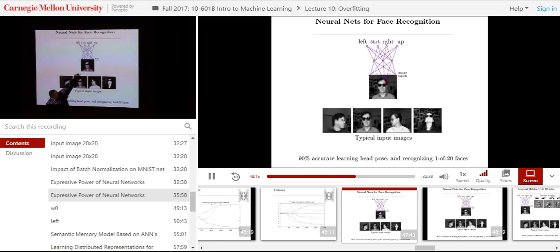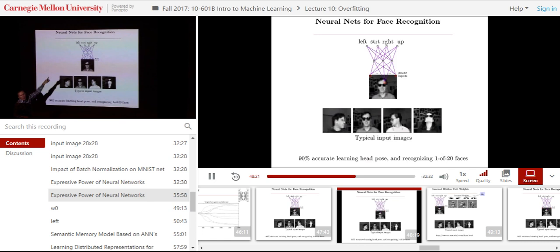And then we trained a network that had 30 by 32 pixel inputs, 3 hidden units, and then 4 output units. This was a 2-layer sigmoid network. And the goal of the network was to output a 1-hot encoding, a softmax encoding, to indicate whether the person was looking left, straight, right, or up.